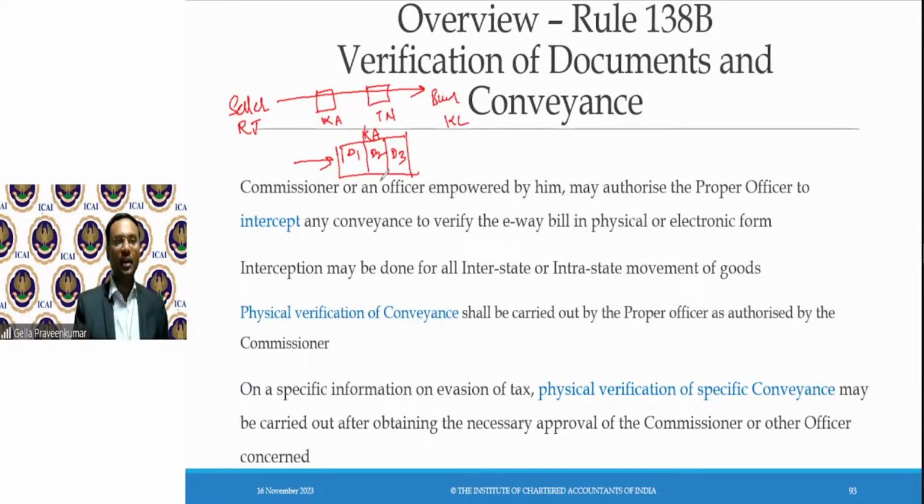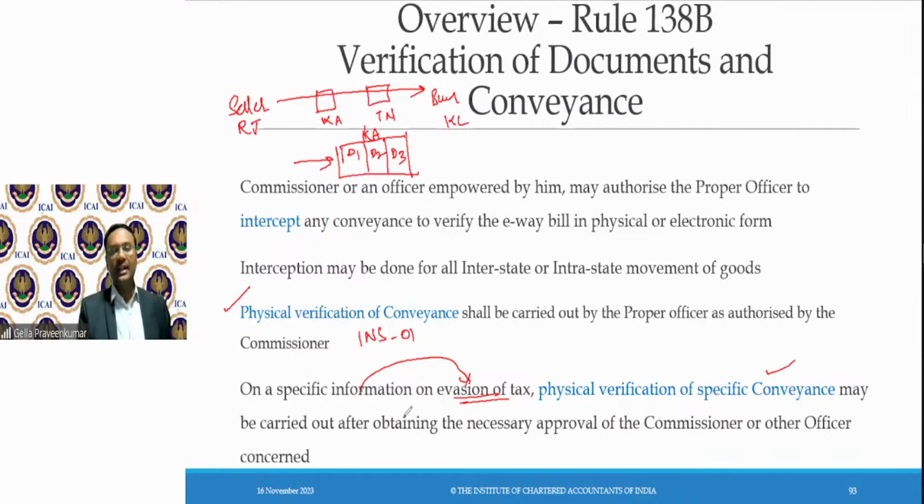Now, here, the law says that once a verification is done, and there is a form called INS-01, the inspection report is uploaded. The proper officer will not verify your consignment unless there is information that there is an evasion of tax. On specific information that there is an evasion of tax, physical verification of a specific conveyance may be carried out after obtaining necessary approval from the commissioner or other officer concerned.